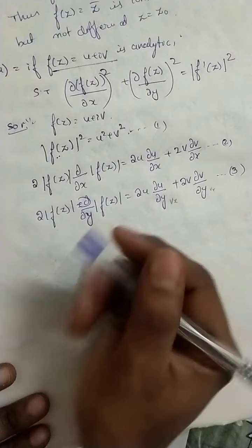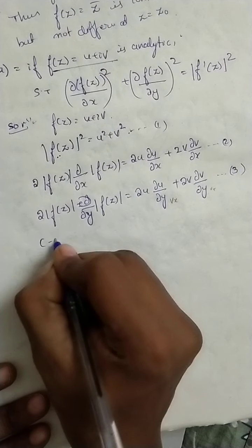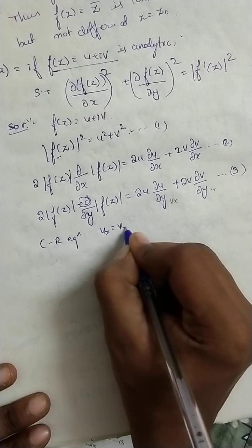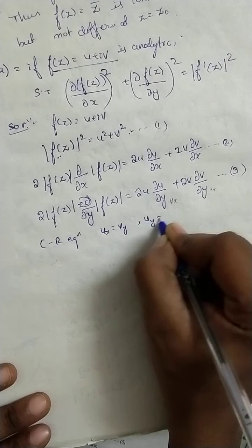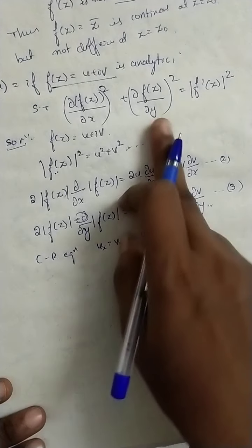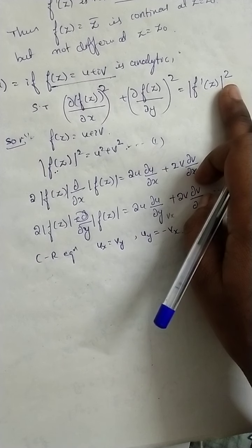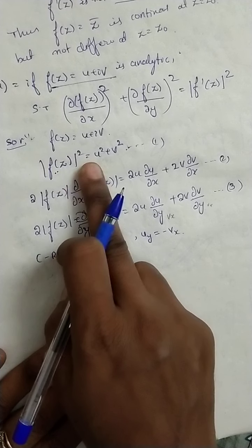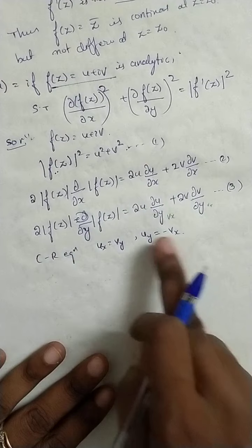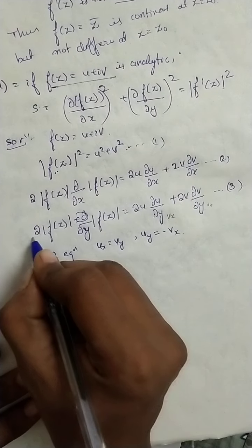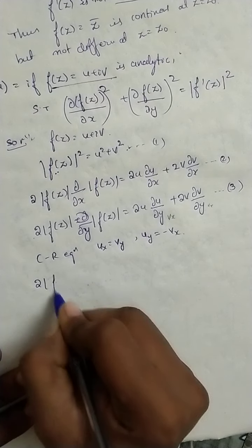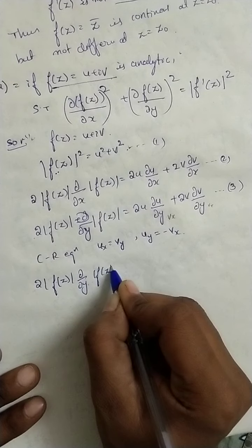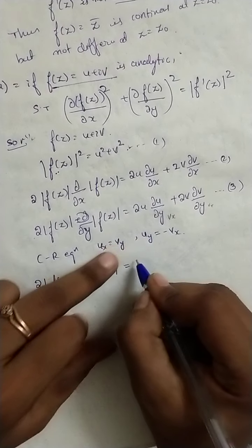Okay, after this again by using the CR equations we can change the values. ux is equal to vy and uy is equal to minus vx, because here we have to prove it as the square of f dash of z. So for that purpose f of z square is equal to u square plus v square. So we should consider like this. So we can write equation 3 as 2 of f of z into dou by dou y of f of z is equal to 2u.